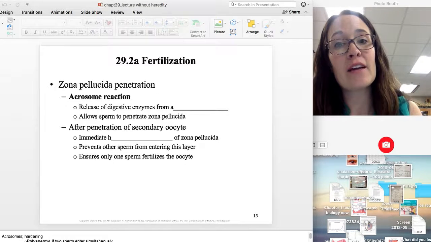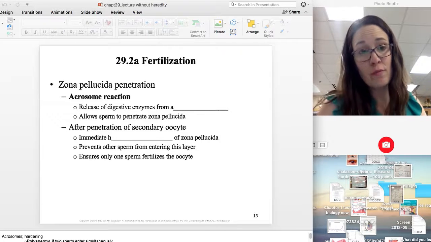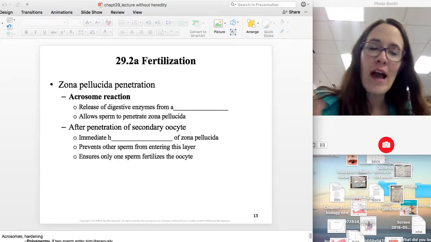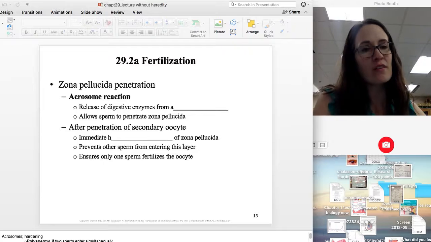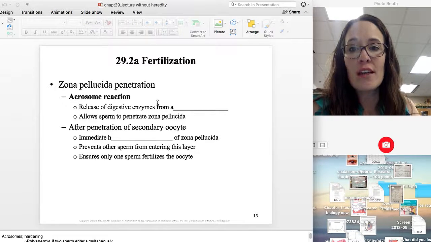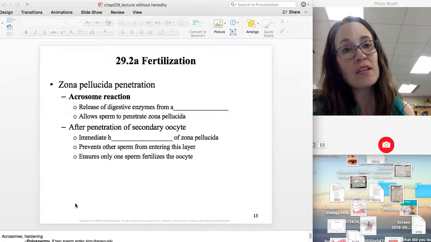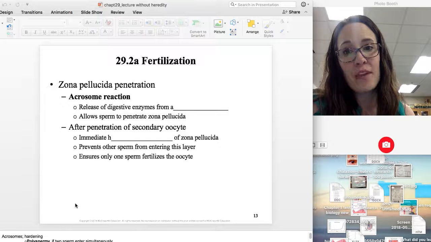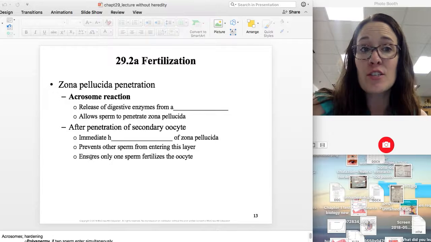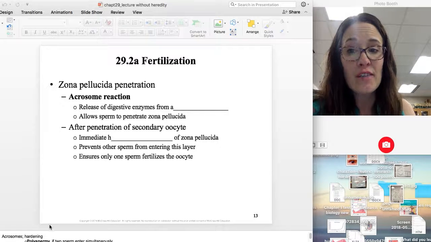The next layer is through the zona pellucida, and for the sperm to be able to get through that layer, they need the acrosome. And this is called the acrosome reaction. Remember, the acrosome is the cap that the sperm wear. The acrosome releases digestive enzymes, and then from the acrosome, it allows the sperm to get through that last layer. But after one sperm gets through, one head of a sperm gets through, immediate hardening, that's the second word.